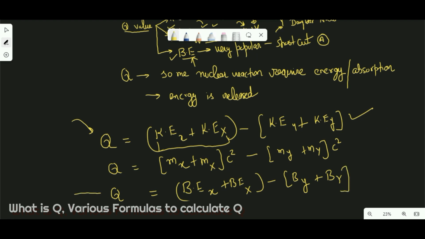This formula is very popular because a lot of calculations get cancelled out, and it becomes a very short way to do it; you just need to worry about the mass defect. So method number 1, formula number 2, and formula number 3 is what you need to learn to be able to solve Q.